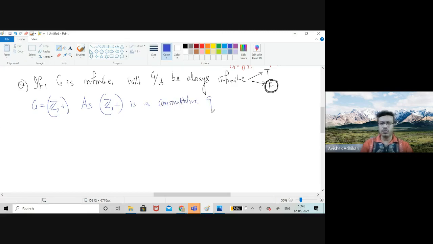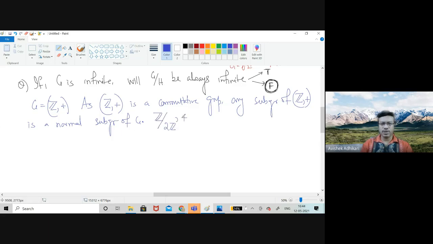We have already proved it in our last class. Okay, so you can have the quotient. Okay, so we have it like this.